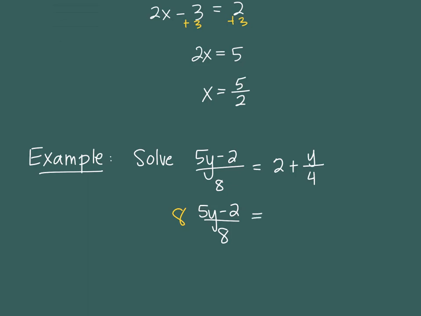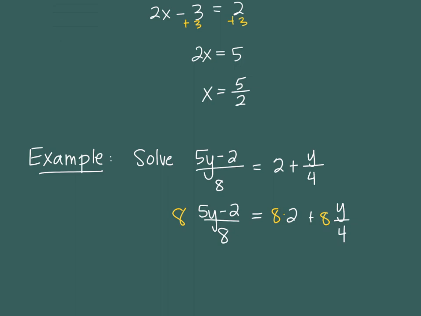They reduce, right? The 8 reduces with the 8. But if I multiply that part by 8, then I have to take the number 2 and multiply it by 8 also. And I have to take the y over 4 and multiply it by 8 as well. So whatever you do once, you have to do all the time.